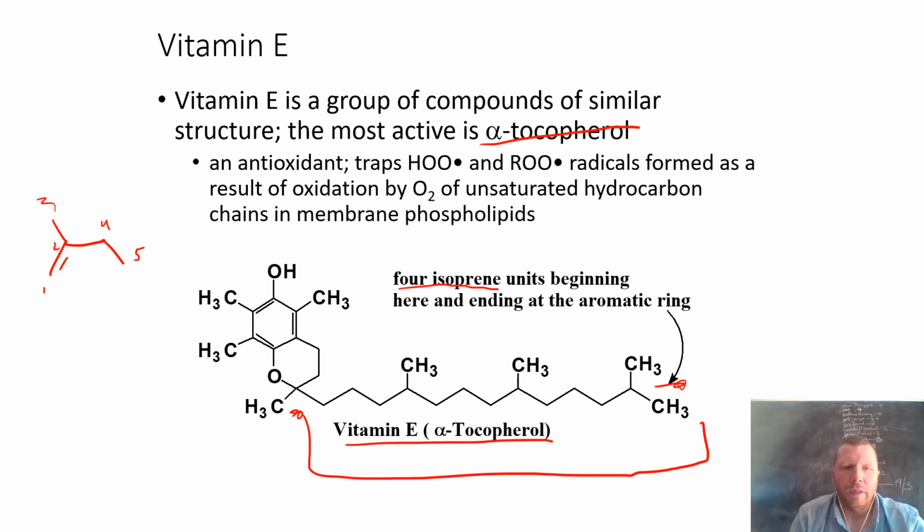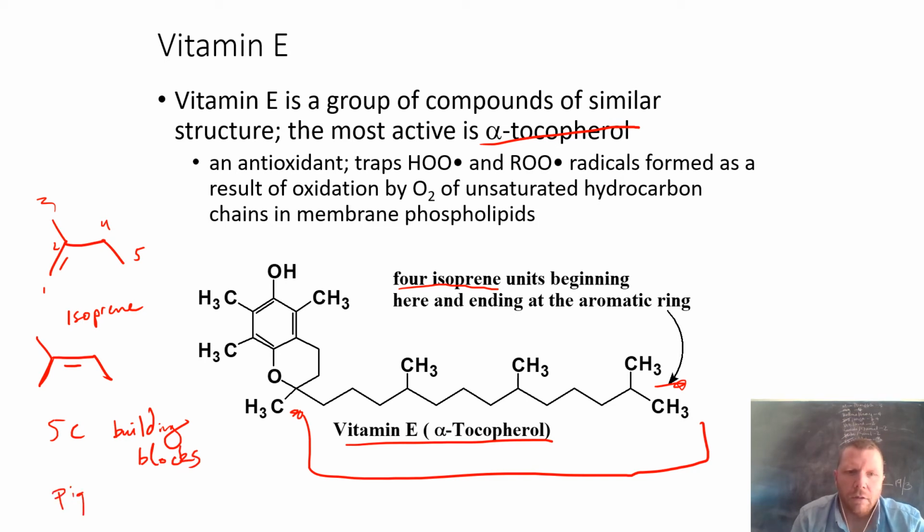This molecule right here and this molecule right here are both examples of isoprene units. These are simple 5-carbon building blocks that are used for pigment synthesis, obviously this vitamin E chain, and cholesterol biosynthesis.